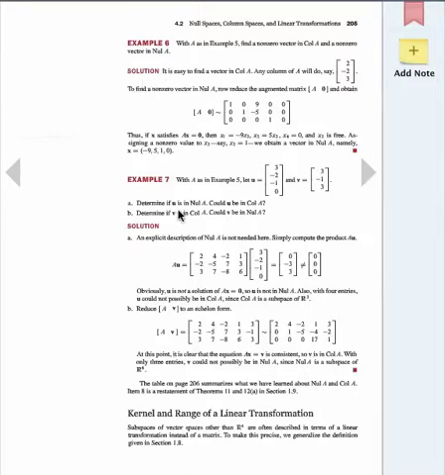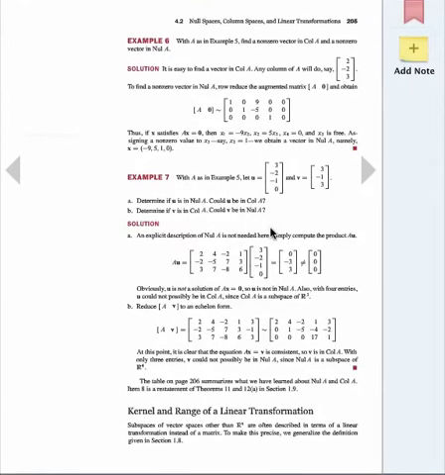Example 6 and 7 plays a little bit more with null spaces and column spaces. And what I want you to do is think about, again, how will I find a linearly independent spanning set for the column space of a matrix? You might find hints in these examples.